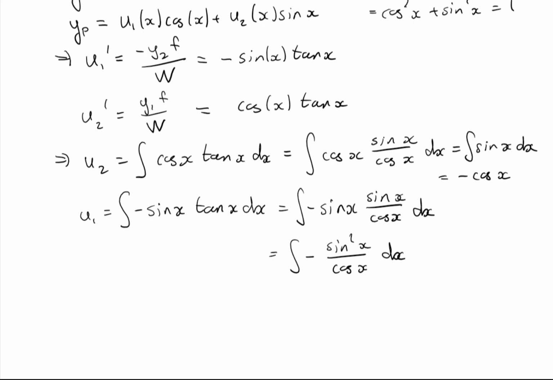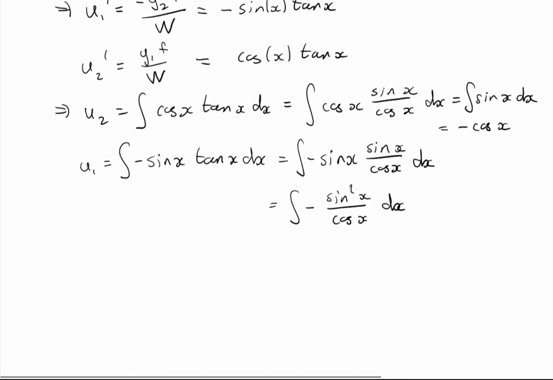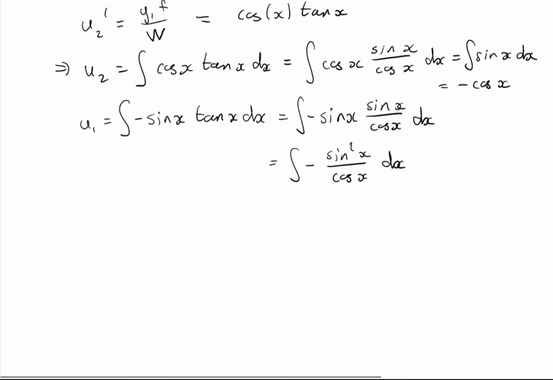Basically, with a trig function, you want to try to manipulate it until it looks like a standard integral that you know how to do. For example, it might appear in the tables. So I see it's got sines and cosines mixed up, so I'll change it all, and the cos is on the bottom, so I'll change everything to be in terms of cosine, using sine squared plus cos squared equals 1. So sine squared is 1 minus cos squared.